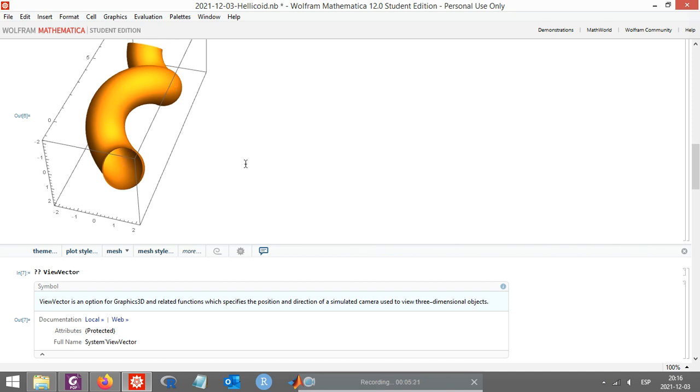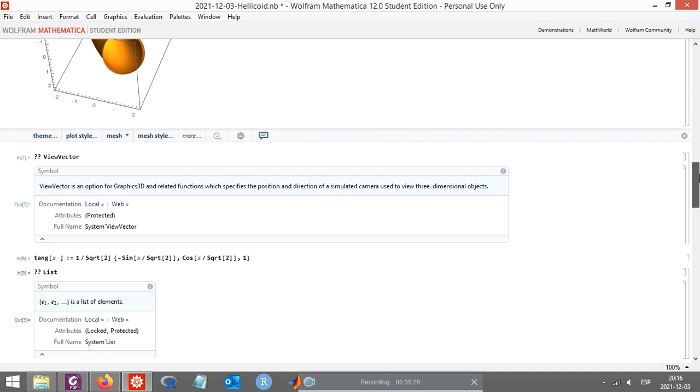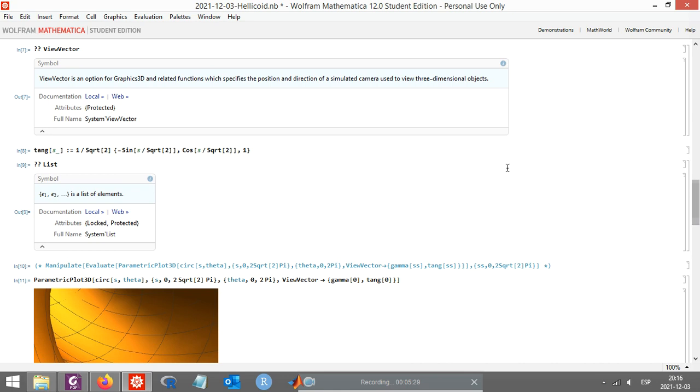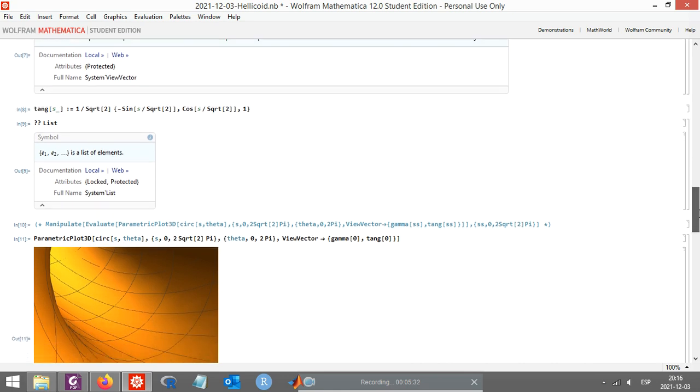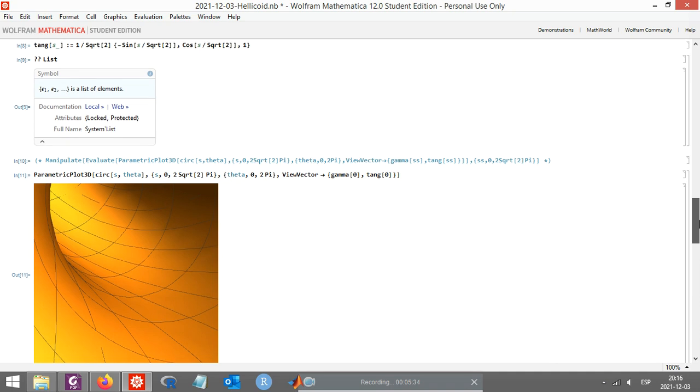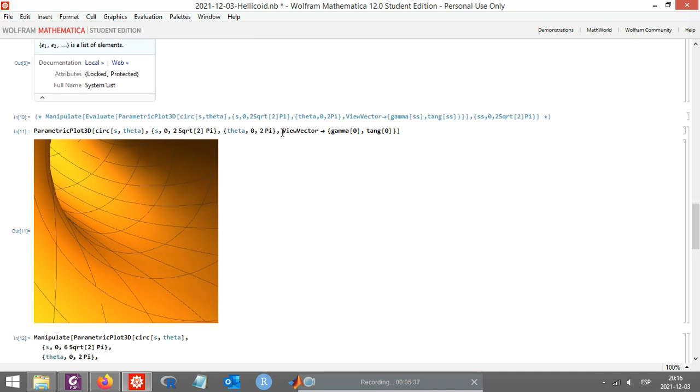So I ended up with a problem that I can't solve, and it is that the viewpoint, I have this view vector option in Mathematica, and you must give this expression the point at which you want to do the view and the direction of that specific view.